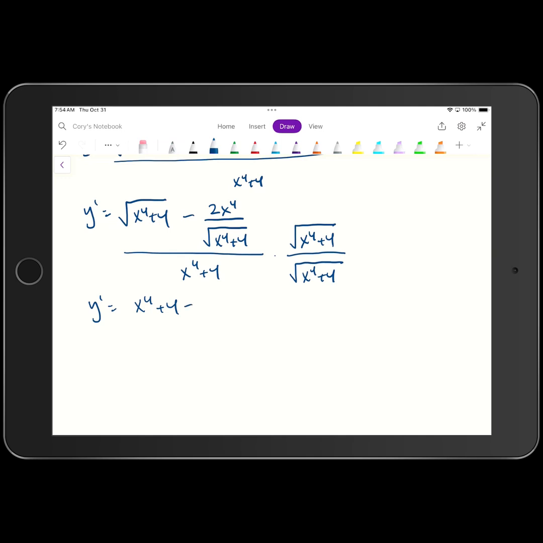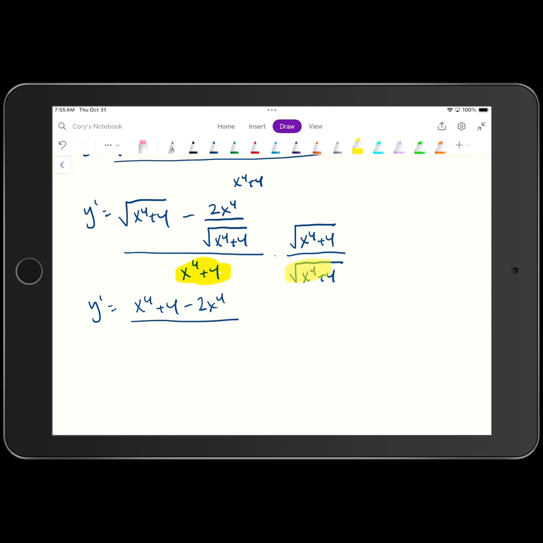Minus, when I multiply rad (x to the fourth power plus 4) times the fraction, the rad (x to the fourth power plus 4) is canceled. So that's minus 2x to the fourth power. And then on bottom, this right here is (x to the fourth plus 4) to the first power.